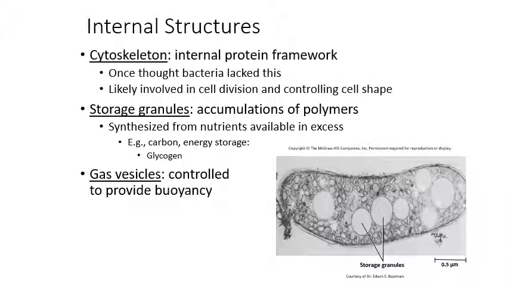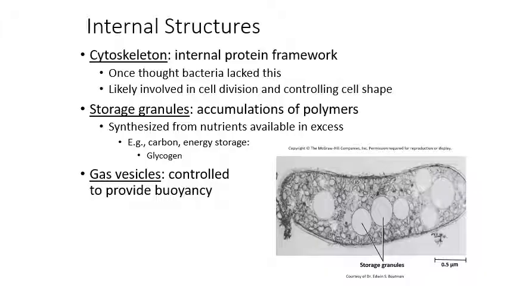All right, so some other things that we find on the inside of prokaryotic cells. Turns out that there is a cytoskeleton in there. We didn't always think that prokaryotes had cytoskeletons, but now we have evidence that they do, and those cytoskeletons act in the same way as your own skeleton, providing some internal structure to the cell.